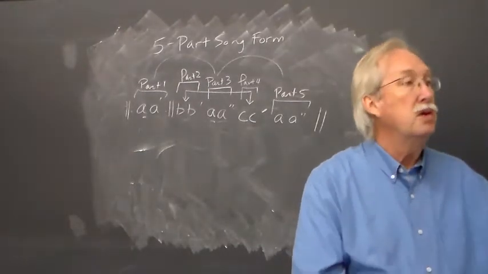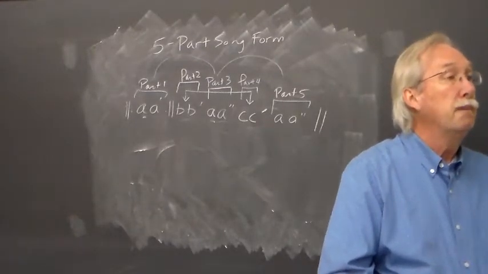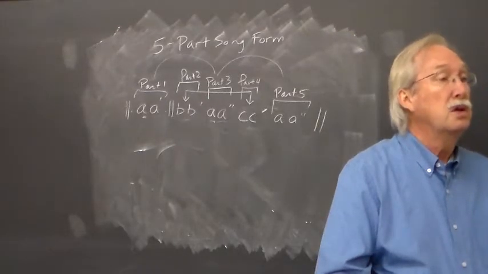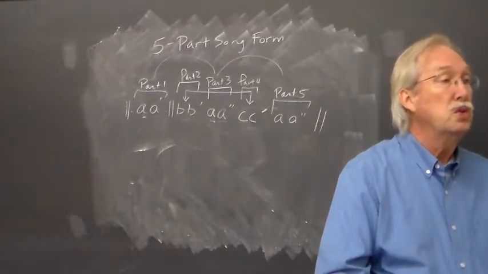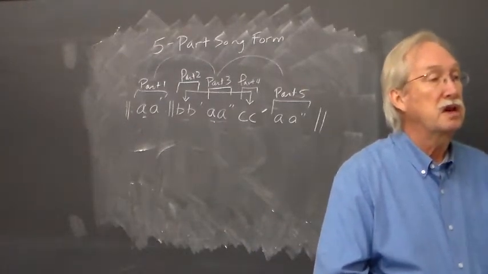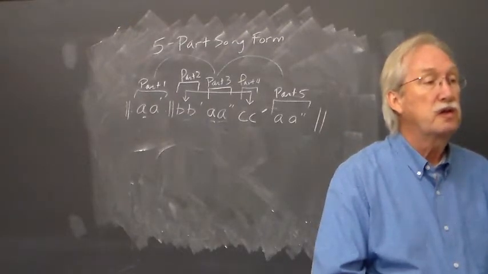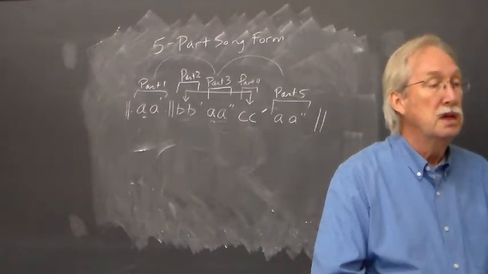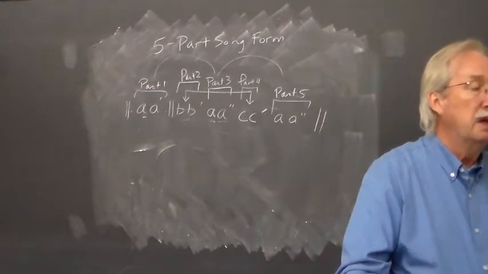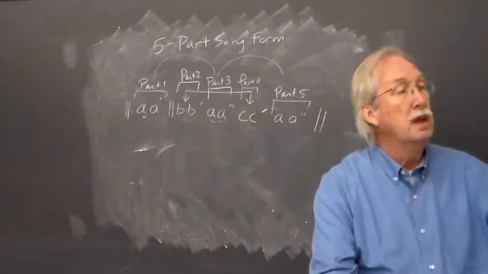And so if you will go to the website and then go to handouts and scores and slide down to song forms and then slide to the right and go down to song forms scores, then you'll see that as the top example, and click on that file to open it up.